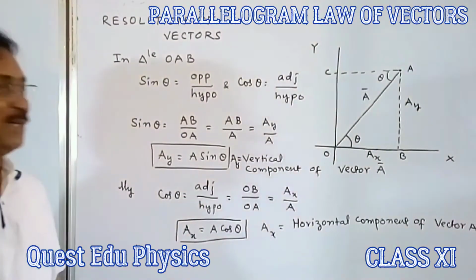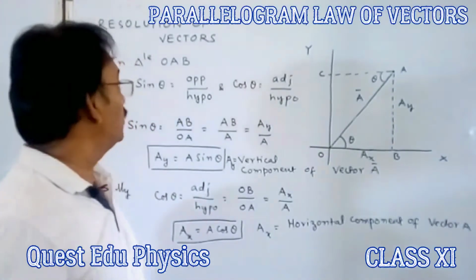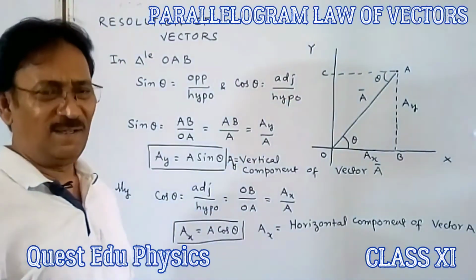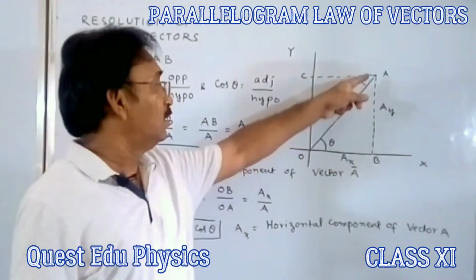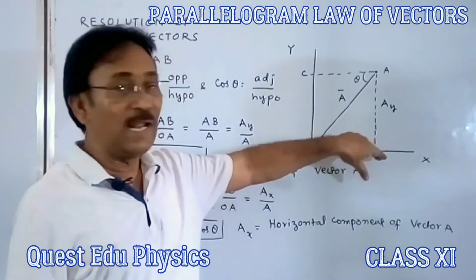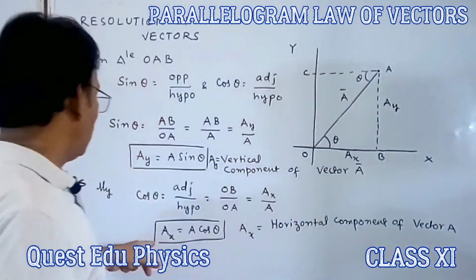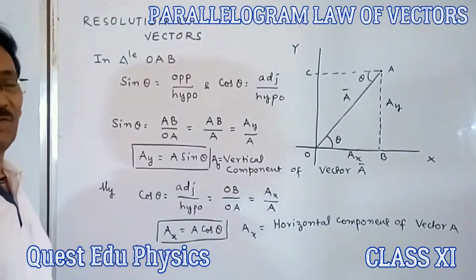Here, dividing a vector into two rectangular components is known as resolution of vectors. I hope you understood. It's a very easy process. We divided this vector A bar along the horizontal as well as the vertical. That is, AX is equal to A cos theta and AY is equal to A sin theta.